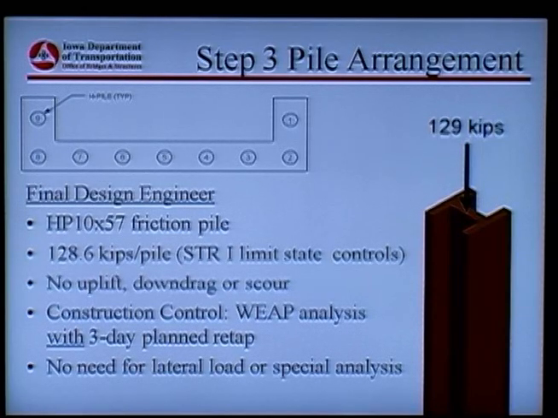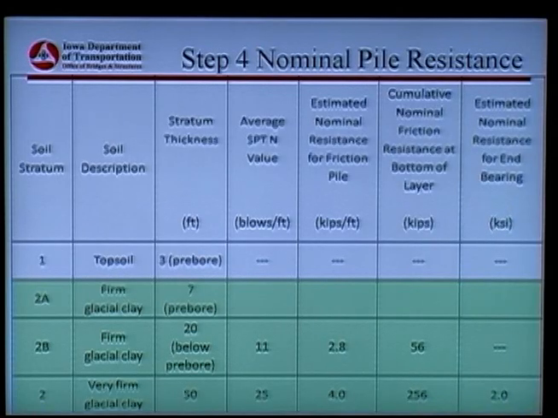Factored load is 128.6. No uplift, downdrag, or scour is considered. But the difference here is that you have a construction control using WIP with 3-day planned retap. You plan to retap the POW 3 days after the end of driving. No need for lateral load or special consideration.